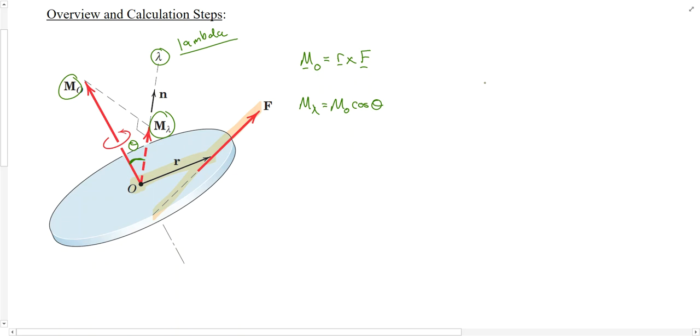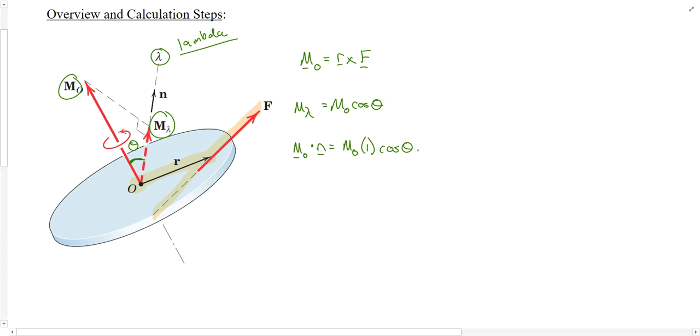And when you see that expression, I hope that brings back to you the formulation that we had developed for the dot product from before. So M lambda is equal to MO times cosine theta, but if you were to take the dot product of MO and a unit vector in the direction of lambda, then in magnitude, that would be the magnitude of MO, the magnitude of the unit vector, that's 1, times the cosine of the angle between them.